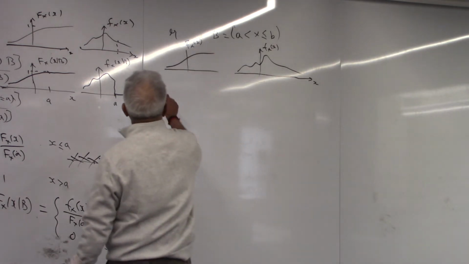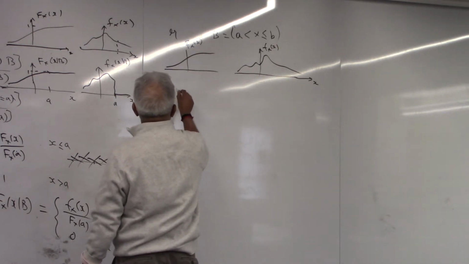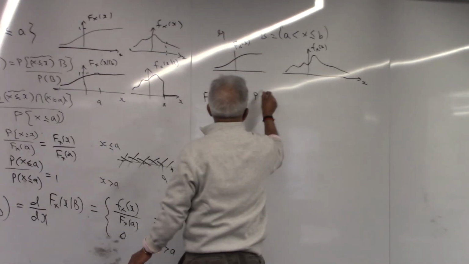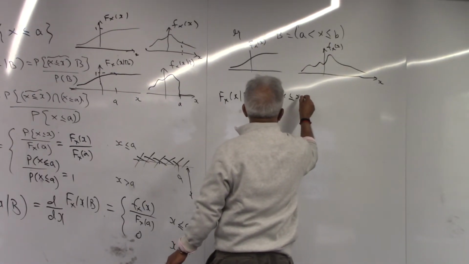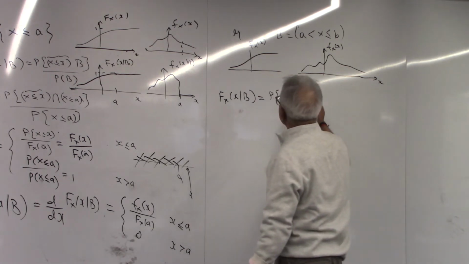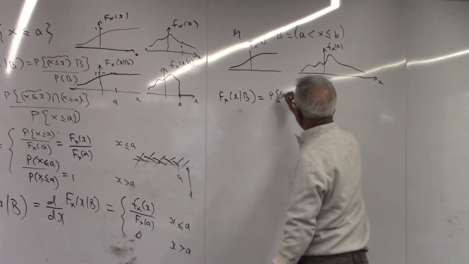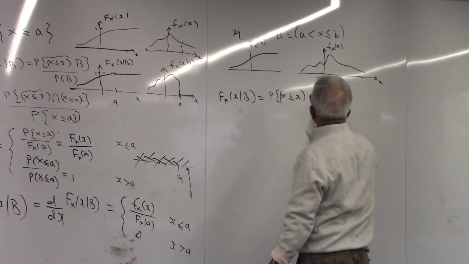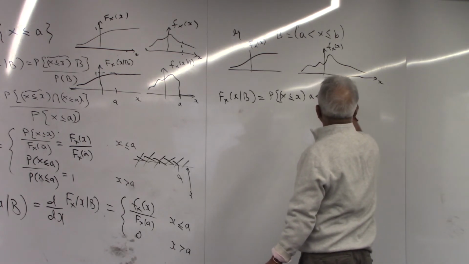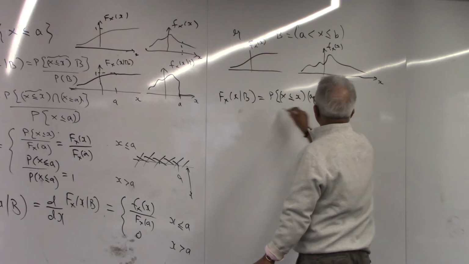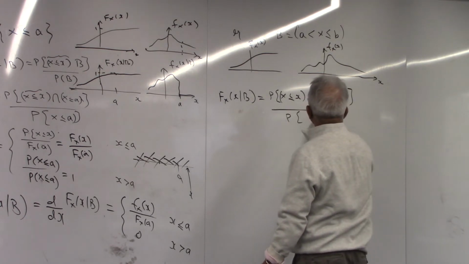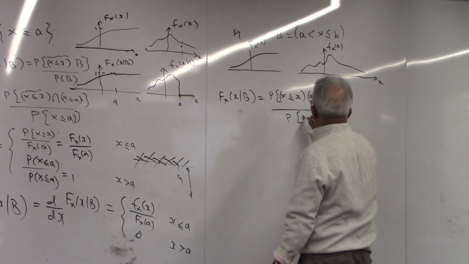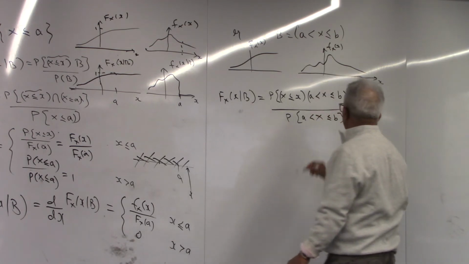Once again, the conditional distribution function is the probability of X less than or equal to x, intersection with B. Let me just write the B here. B is given to be this, X greater than a and less than or equal to b, divided by the probability of X greater than a and less than or equal to b.